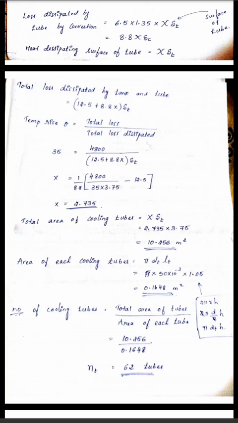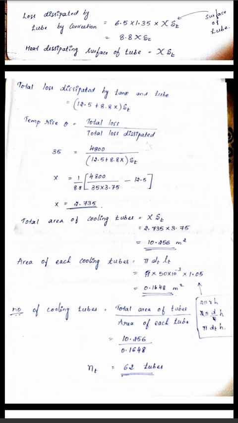If nothing is mentioned, then it is 35% only, that is 1.35. So 6.5 into 1.35 into x into ST gives you the value of 8.8 x ST. The heat dissipating surface of the tube is unknown now, so it is x into ST.